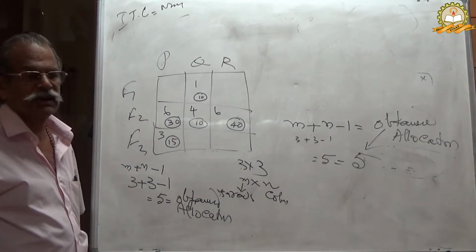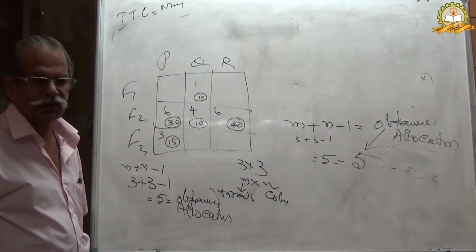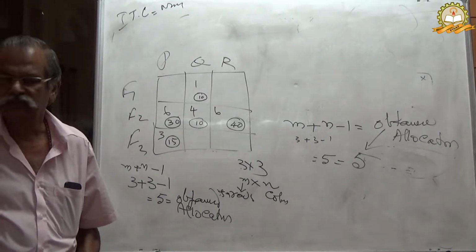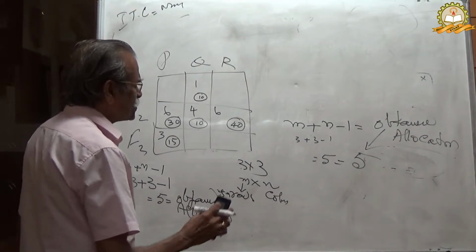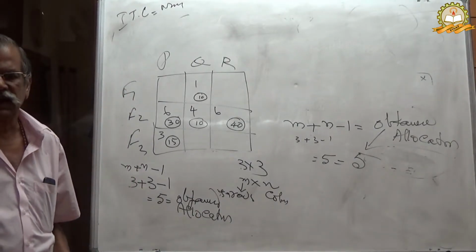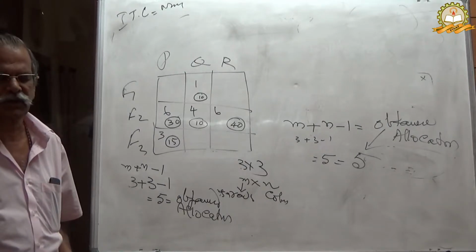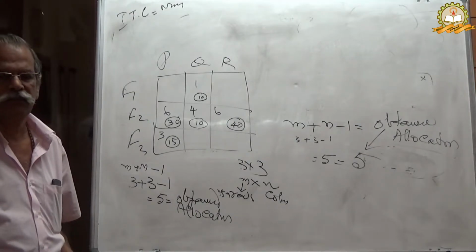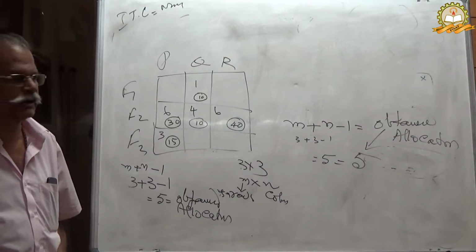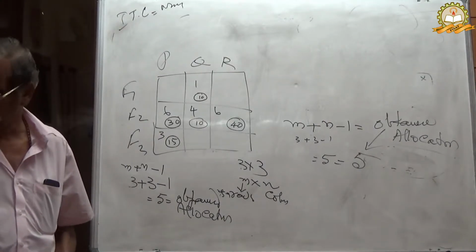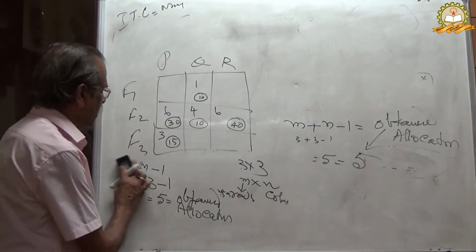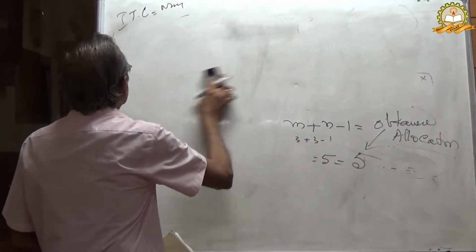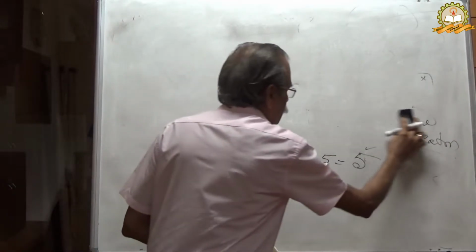Therefore, if m plus n minus 1 as per the given question equals the obtained allocation, m plus n minus 1, we say that the transportation cost is minimum and final, even including testing of optimality.